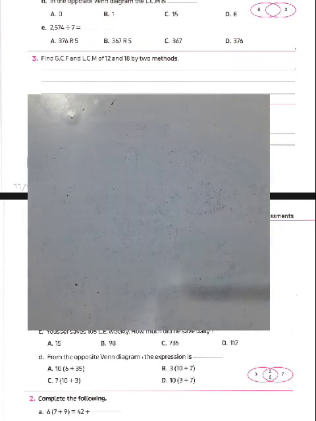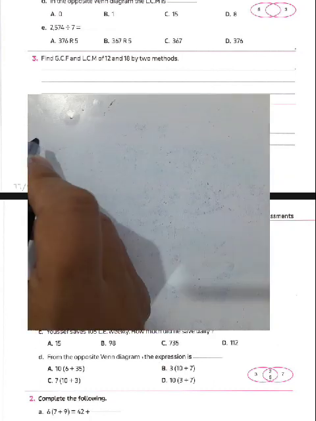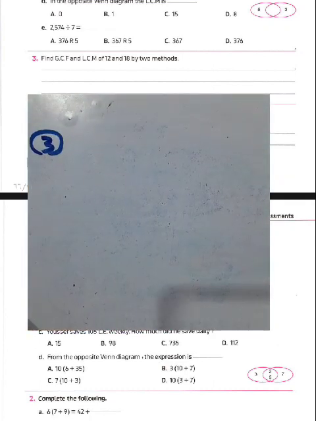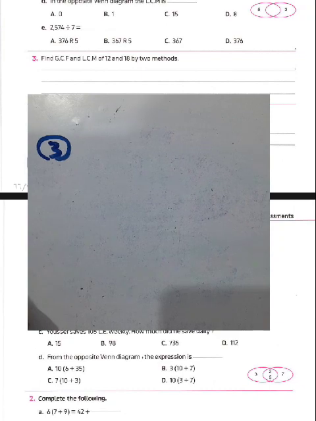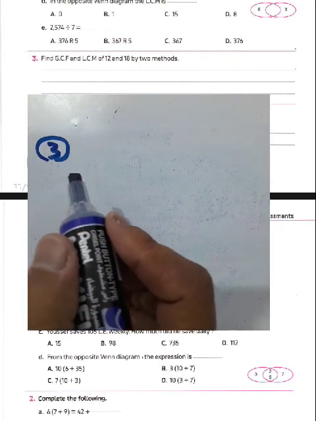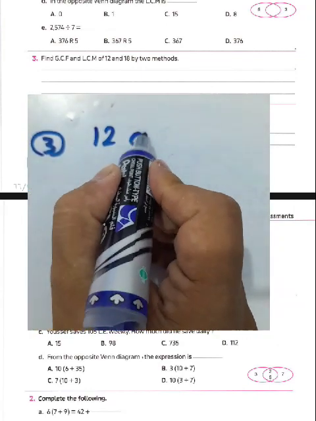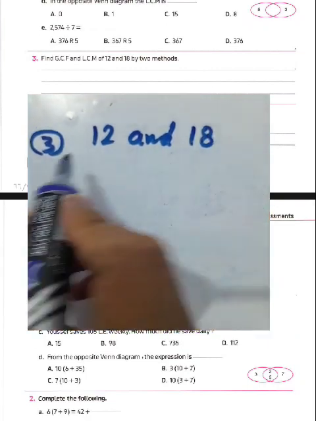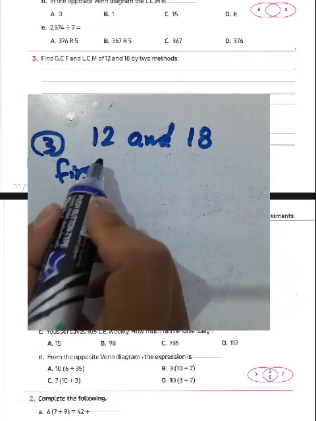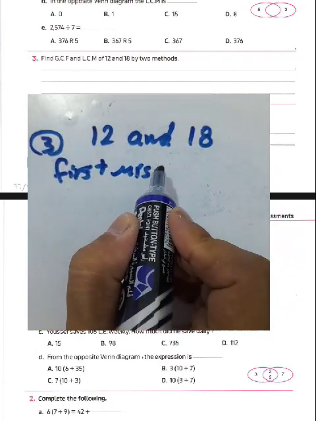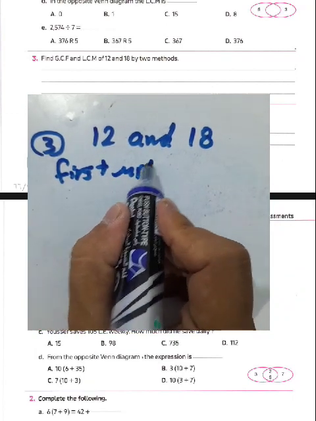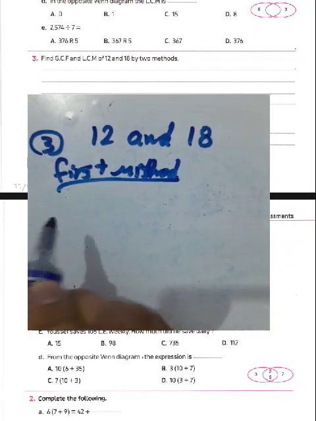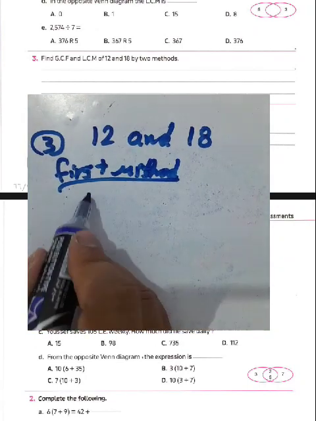Look at the first method for question number 3. You want to find the greatest common factor and the least common multiple of 12 and 18. First method: we factorize 12.